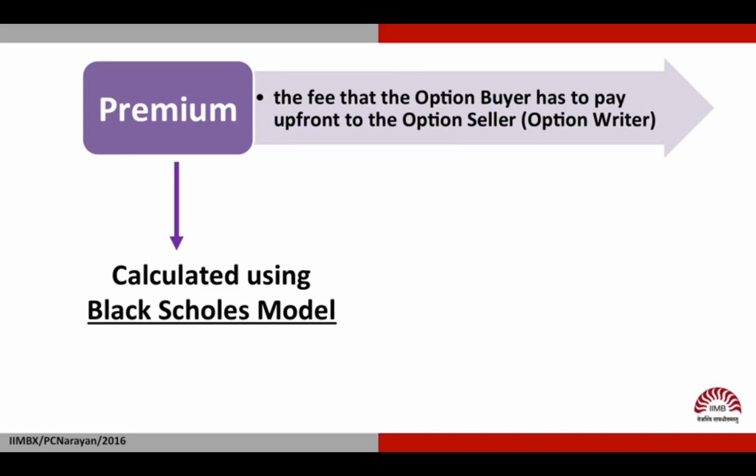This in turn, therefore, is the gain for the option seller. Incidentally, option premium is calculated using the Black-Scholes model, which we will not discuss in this course. Those who are interested to know more about the Black-Scholes model, you may look up the web link provided at the end of this video.